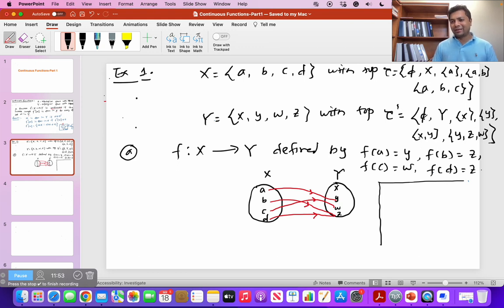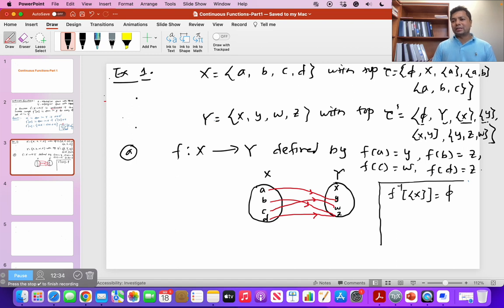The first element is the empty set, and the inverse image of the empty set is empty, so it's obviously in tau. Next, the inverse image of this singleton set: X is not the image of any element here, so this is the empty set, which is obviously in tau.